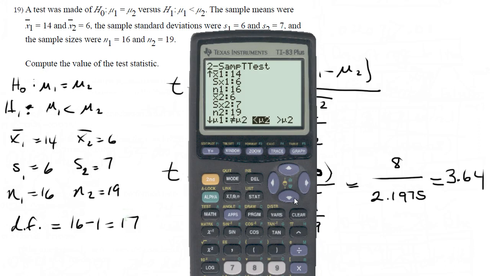Less than, not pooled, don't worry about that, calculate. There's my t, 3.64. It gives you your p-value, even for this, and the degrees of freedom. That's another degree of freedom, not concerning us. But the important value here is that t-value. So you can get it with the calculator too.